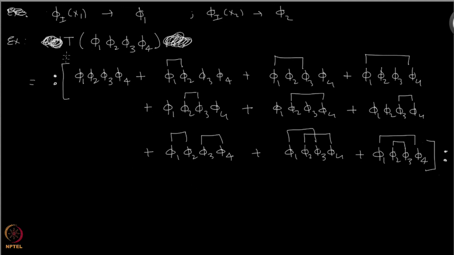Now if you sandwich this time order product of these 4 fields between vacuum, this will contribute 0 because of normal ordering, which kills the vacuum. What I am using is the following: if you have normal order of a sum of operators, say the OIs are our operators, then this is just the sum of the OIs in normal order.